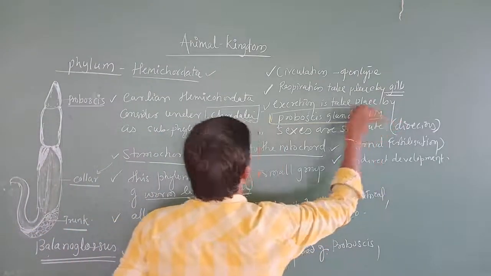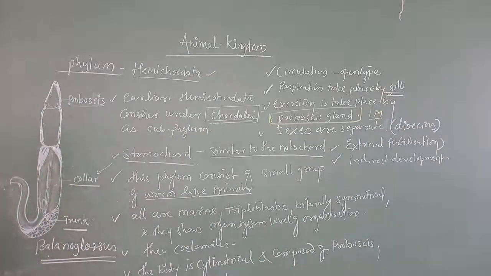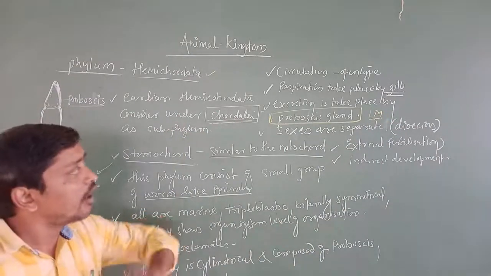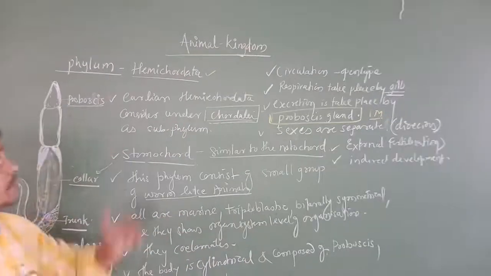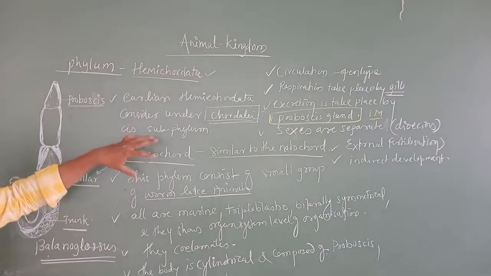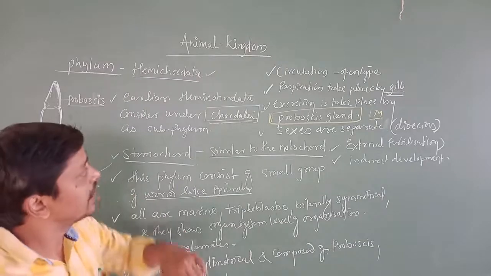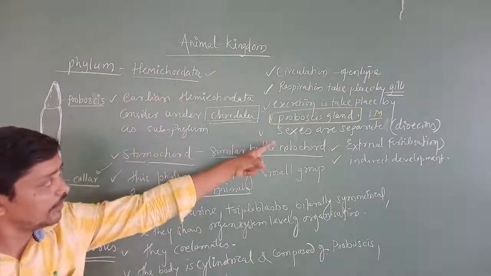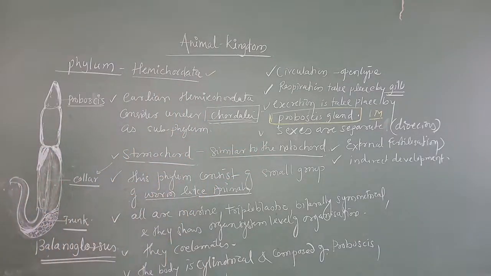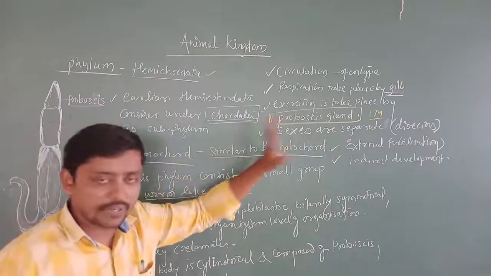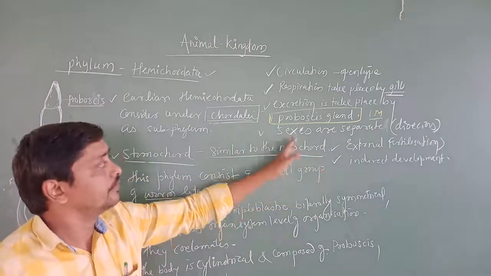In Hemichordata, name the excretory organ, or the organ by which excretion takes place. That is proboscis gland. The next, sexes are separated, in the sense dioecious.